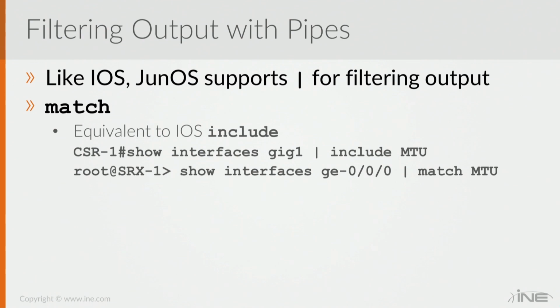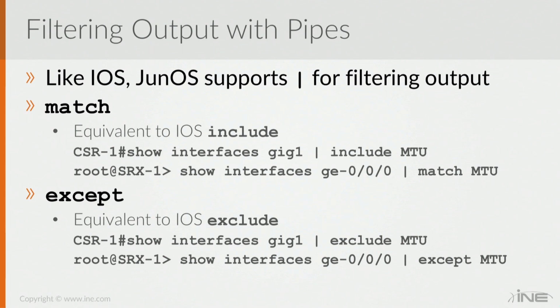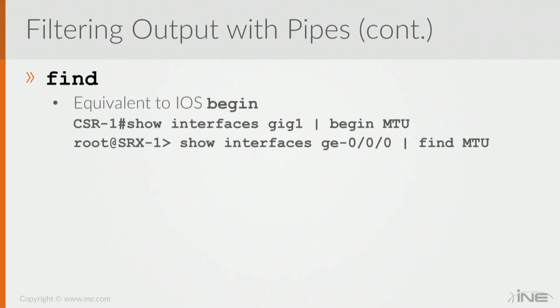This is the equivalent to include in IOS, where if we say show interfaces | match MTU, that would be the equivalent of show interfaces | include MTU in regular IOS. We have except, which is going to be to not match. This is the equivalent of exclude in IOS. We have find, which is going to be the equivalent of begin.